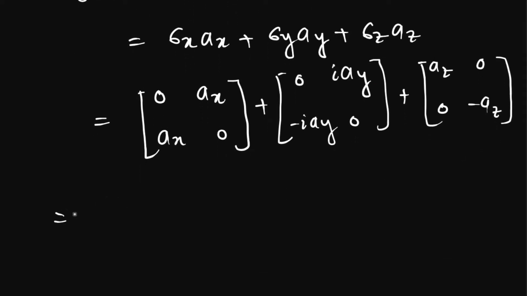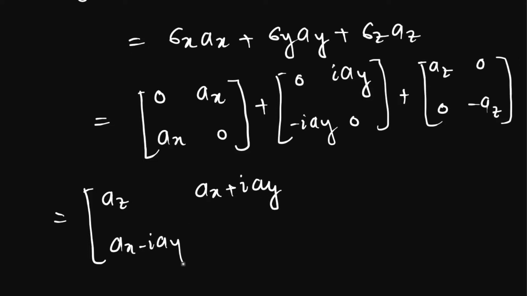That is equal to AZ, AX minus I AY, AX plus I AY, minus AZ.